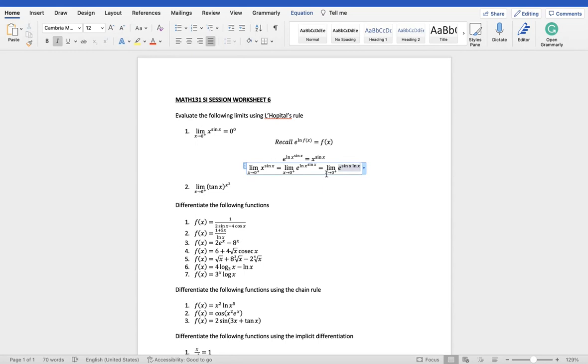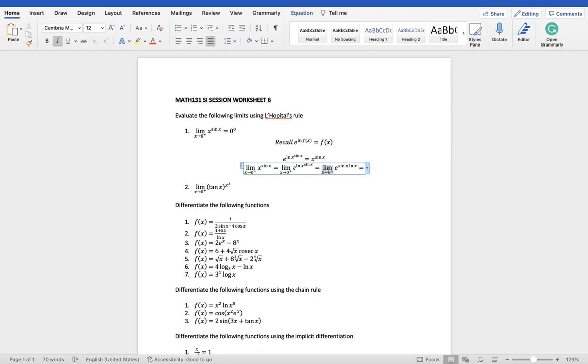Ln of x as it tends to 0 from the positive side is negative infinity, to be precise. But so you have 0 times infinity, which is an indeterminate form. So you have to keep on going with your manipulation, because that doesn't allow you to apply L'Hopital's rule.